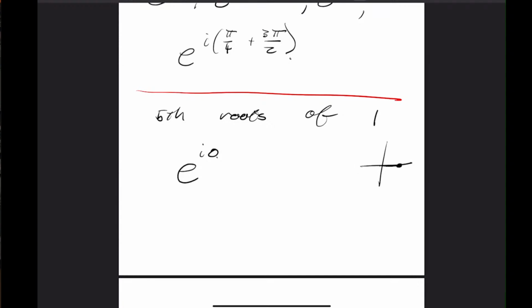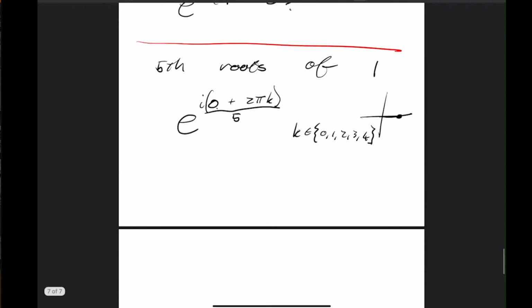It is 0. Let us add multiples of 2 pi, so 2 pi times k. And we divide the argument by 5 because we're taking the fifth roots of 1. And k should then range from 0, 1, 2, 3, and 4.